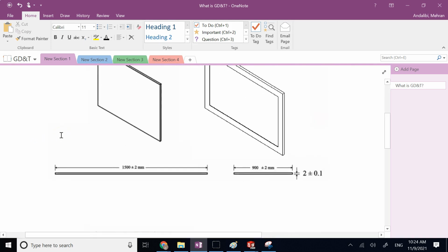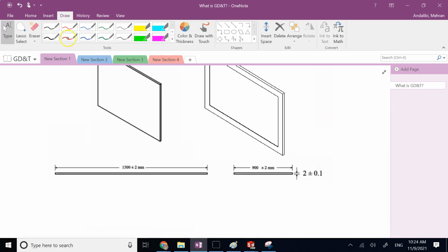You say as long as the actual or true dimension is plus or minus 2 mil away, deviated from the nominal dimension, I'm okay. I can put it together, okay? If it's out of that range, forget it. I cannot do that, right?